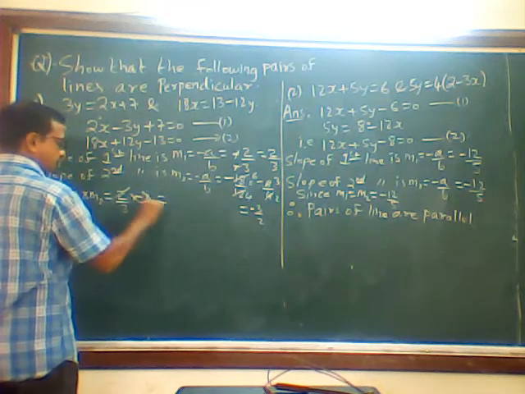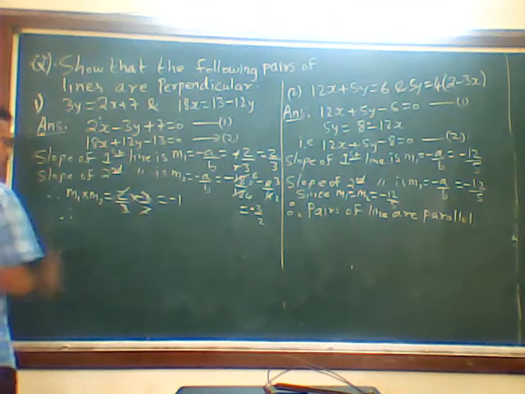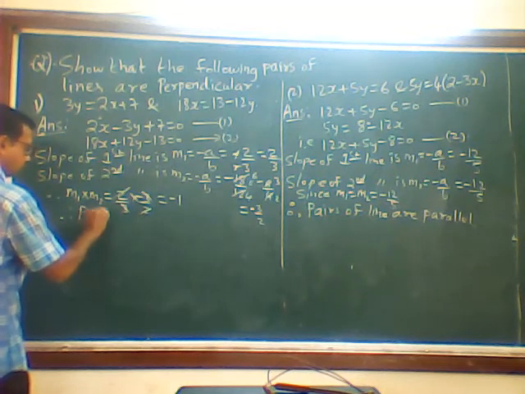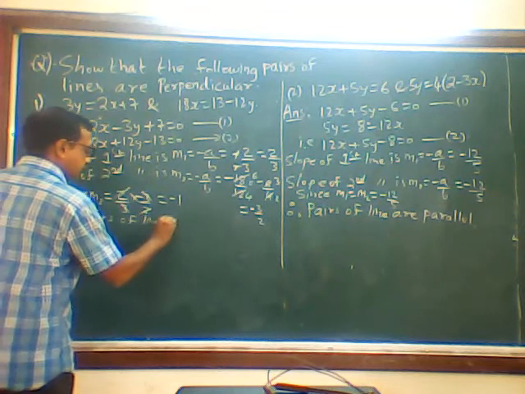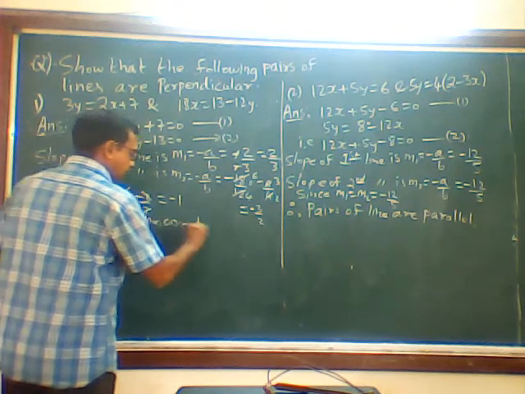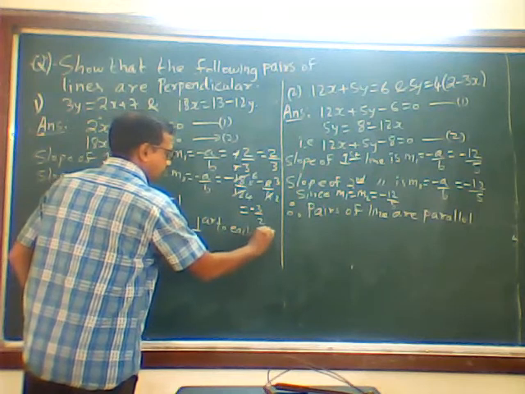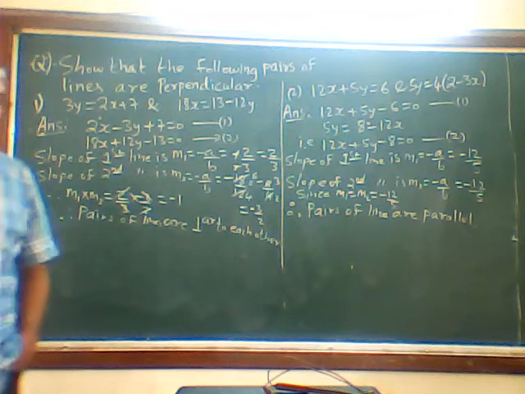This 2 goes, 3 goes, remains minus 1. Therefore, pairs of lines are perpendicular to each other. This is all.